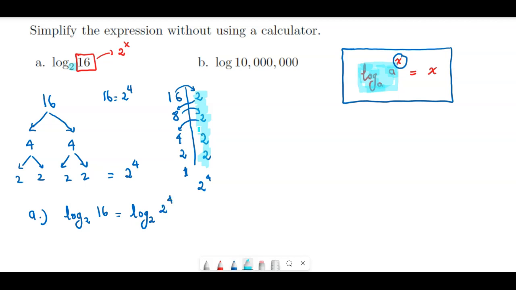And you notice here that the formula I can apply it, log base 2 and exponential 2, that's going to cancel each other. And the final answer should be 4. And that's it.